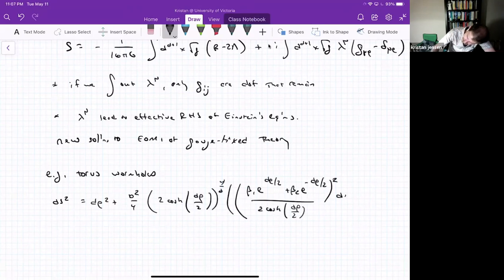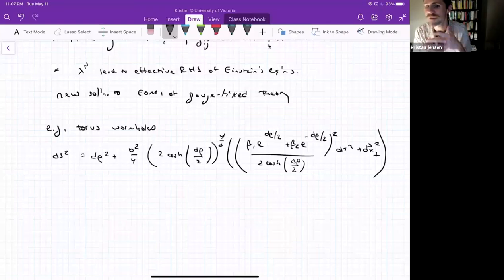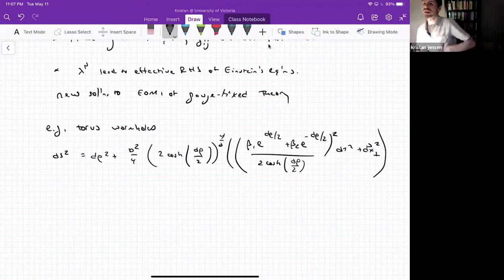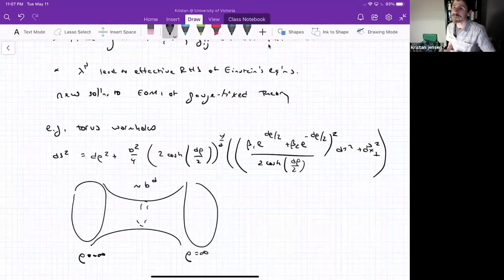I mean, just to say, we can really write this thing out. So this is something that has the same kind of shape as what I wrote down before. There's a torus that gets really big at large negative rho, comes in, shrinks to some finite size, and then gets really big again as you go to very, very large positive rho. And the bottleneck there has a size that is parametrically b to the d.